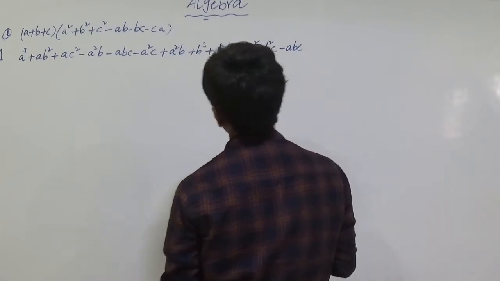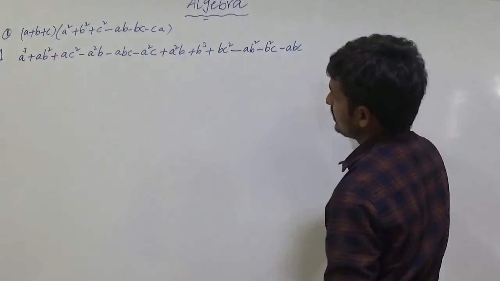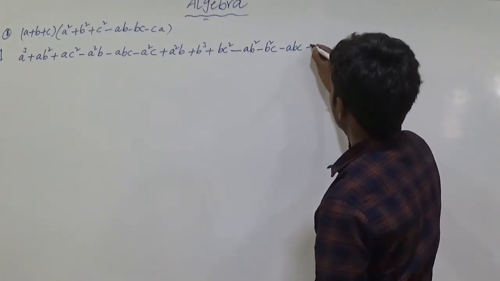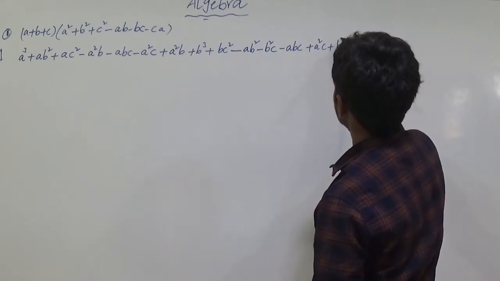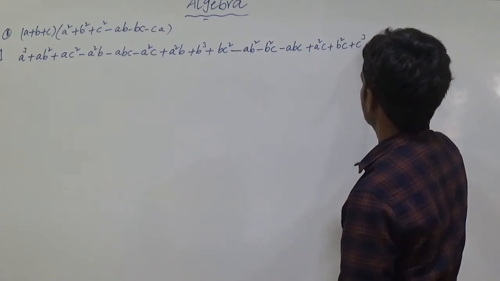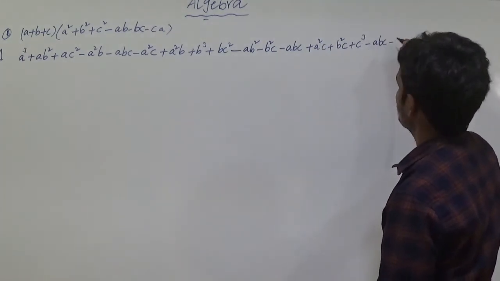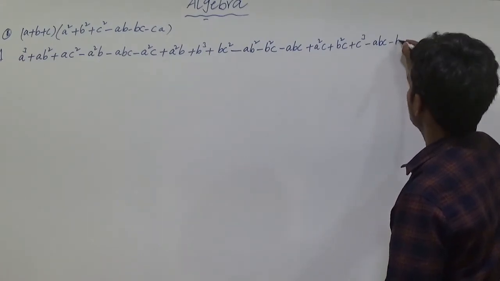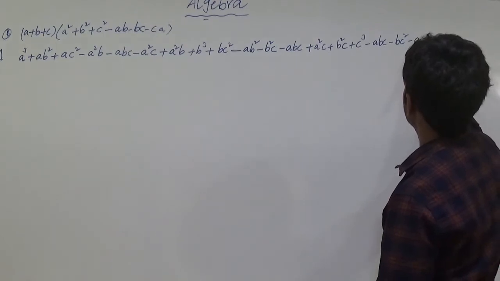Now with c: c into a square, a square c, plus c into b square, b square c, plus c into c square, c cube, minus ab into c, abc, minus bc into c, bc square, minus ca into c, ac square.